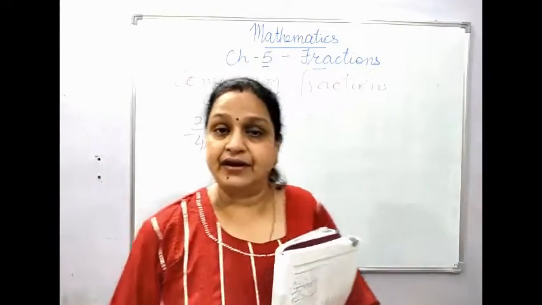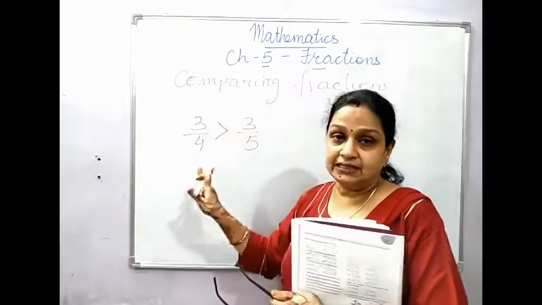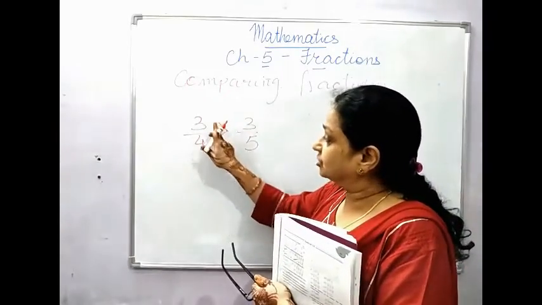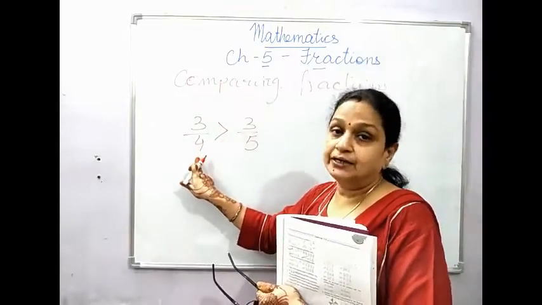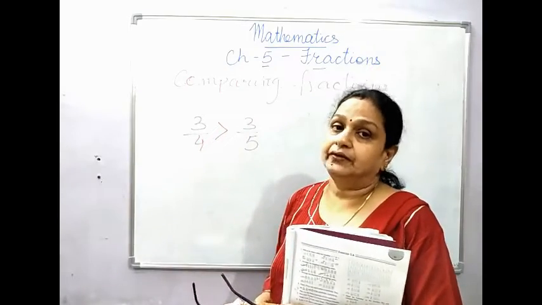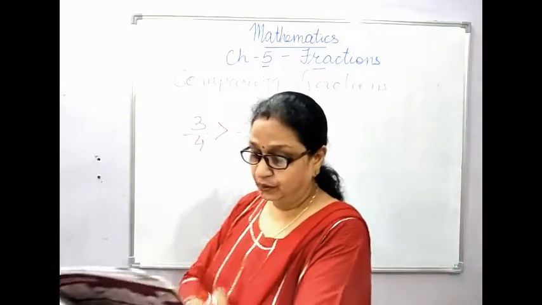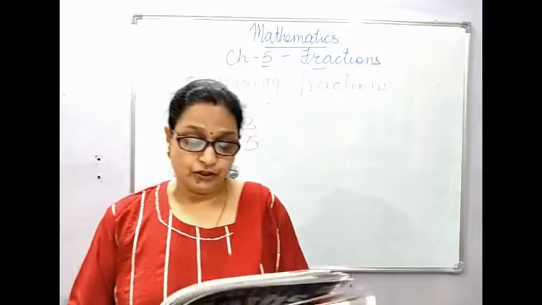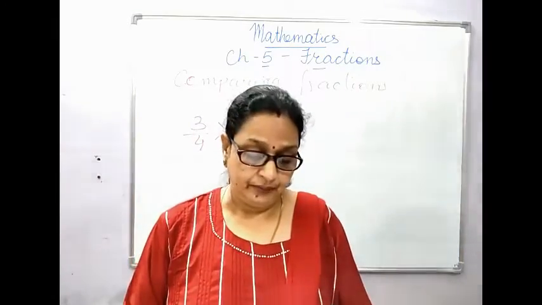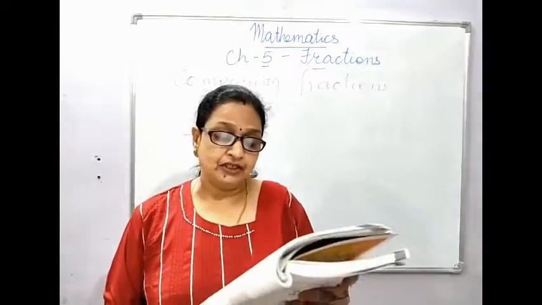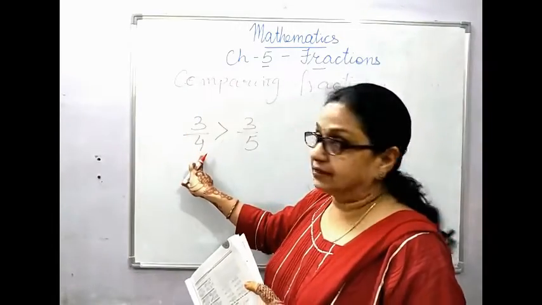In the unlike fractions, if the numerators are same, the fraction with the smaller denominator will be greater. So you can underline in the book: if the numerators of the two fractions are equal, then the fraction having smaller denominator is greater.